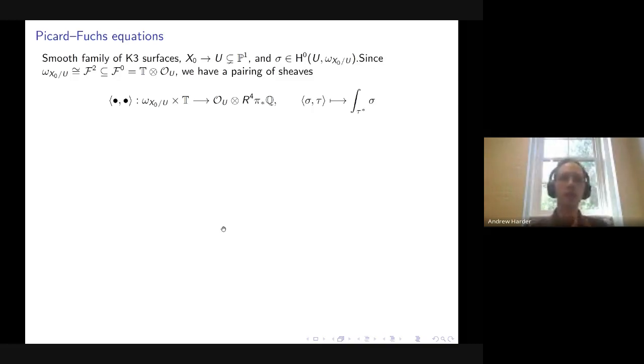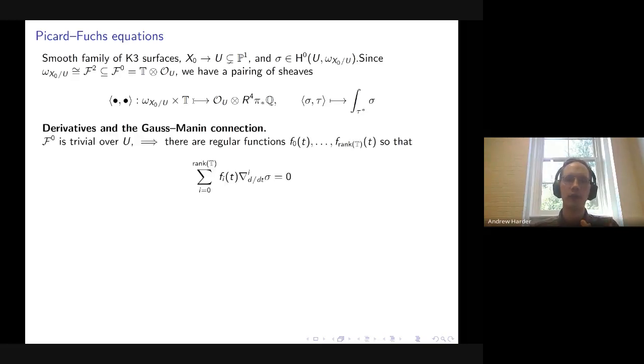More precisely, you take your relative canonical bundle over the curve and choose a section of it, and you can induce a pairing between this relative canonical bundle and the transcendental local system, or more generally the local system of cohomology, which is essentially integration. I'm writing this in terms of cohomology, so when I integrate I need to introduce Poincaré duality. I could also take the wedge product of some de Rham representative of tau. Okay, so you get this pairing.